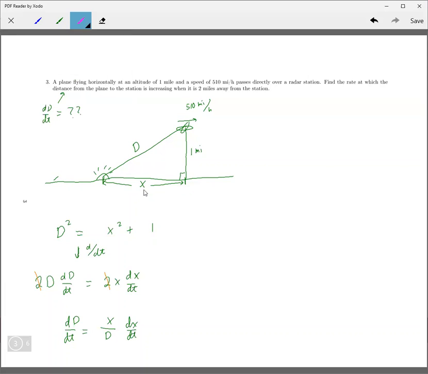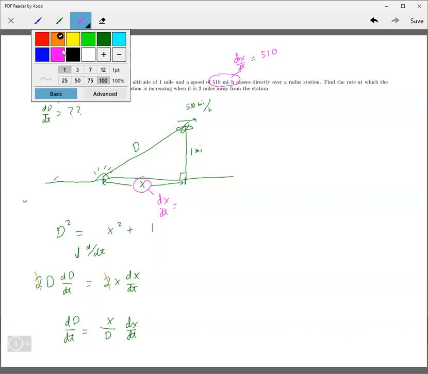Okay, now dx/dt, that is going to be this right here, 510. Okay, because the plane's traveling horizontally, so the rate at which this distance changes is going to be 510. So that's good to know right there.